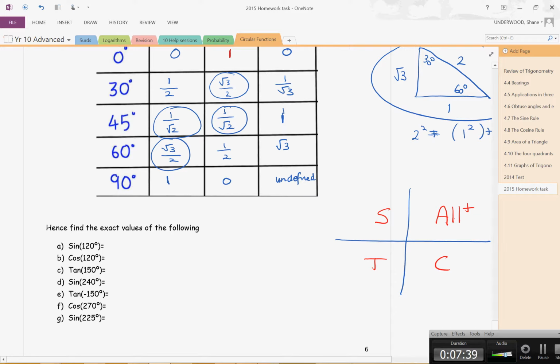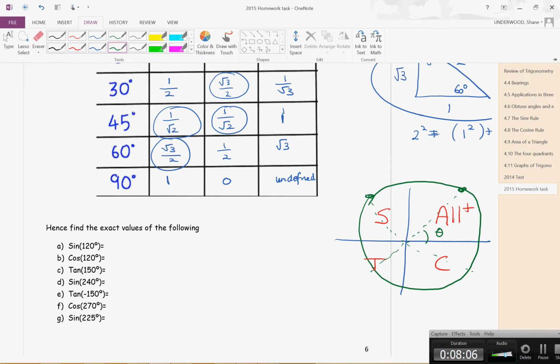If I've got a value over here, I find a reference angle in the first quadrant. And what we can do is we can map that out in the second, third, and fourth quadrants to the horizontal.